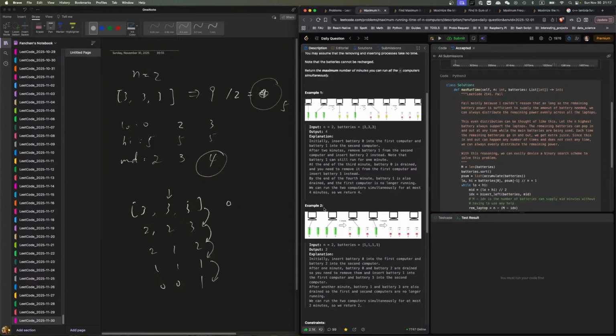It says we can always evenly distribute it. Okay, let's say this one makes sense. Now how do you binary search it? So we have, let's say, will last that long. Then what?